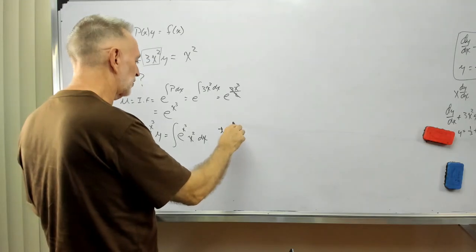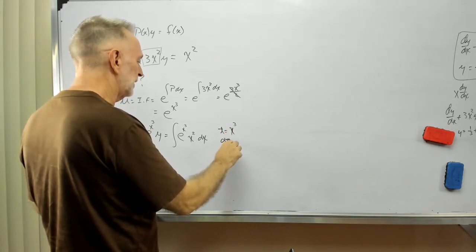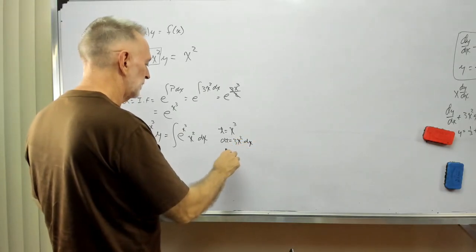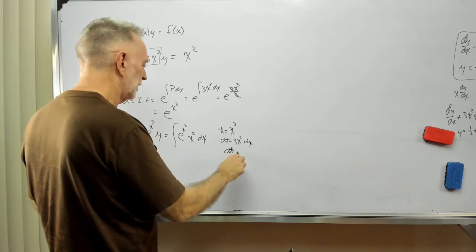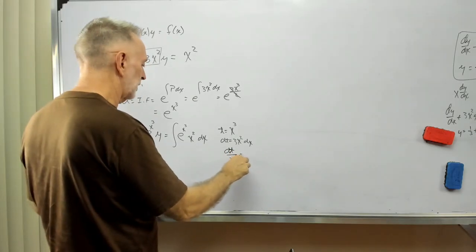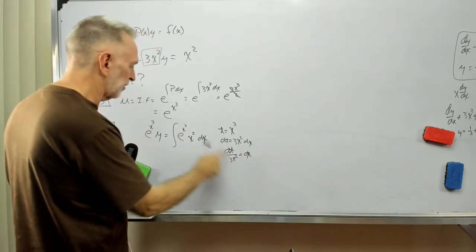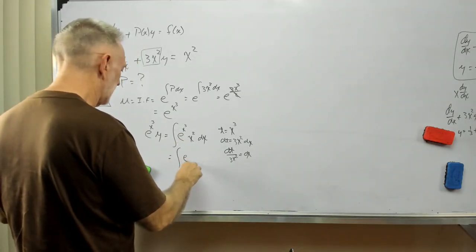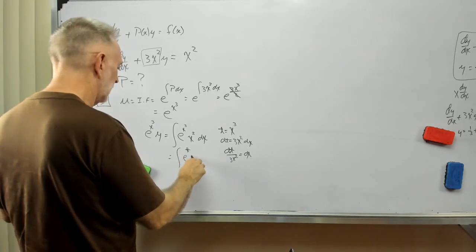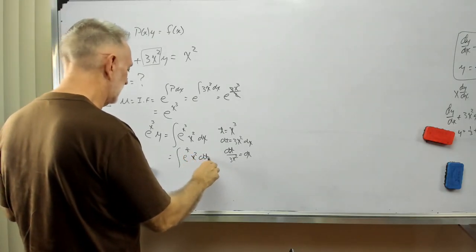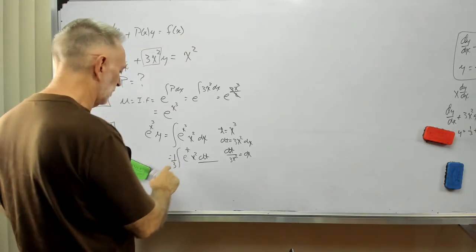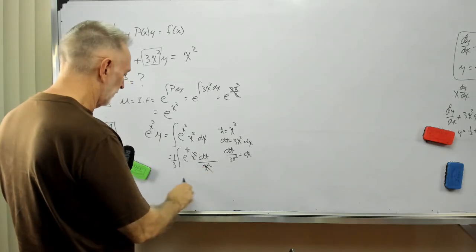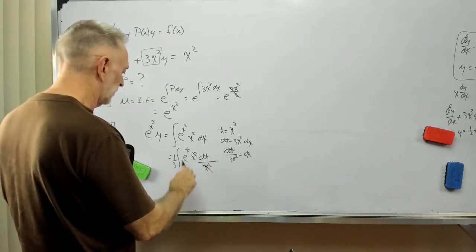So dt equals 3x squared dx, so dt over 3x squared equals dx. You can see where I'm going here. I'm trying to eliminate that x squared. So I have the integral of e to the t, x squared times dt over 3, so I'll put my 1/3 out here, over this x squared. They cancel.